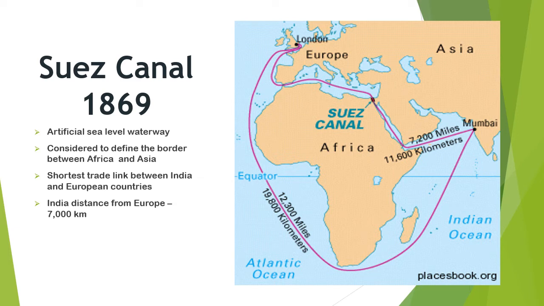The normal distance between India and the European countries is 19,800 kilometers. But after the construction of Suez Canal, the distance has been reduced by 7,000 kilometers, which has facilitated the trade between India and Europe in an extensive way.